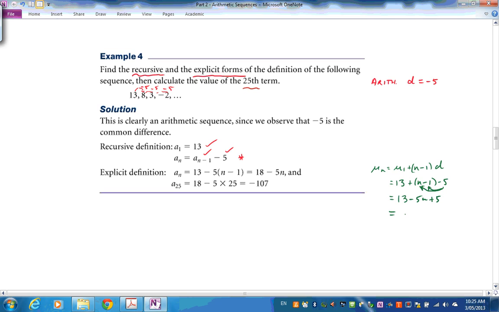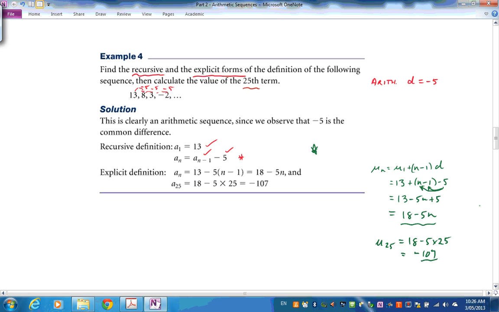So it has a formula 18 take 5n. And then if you wanted to get the 25th term, you'd use this one, not this one. So u25 would be 18 take 5 by 25, which would be negative 107.